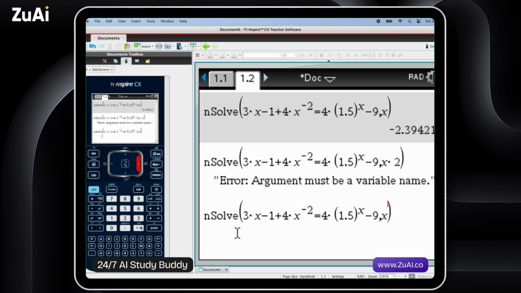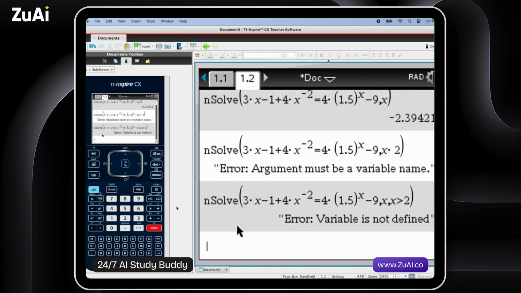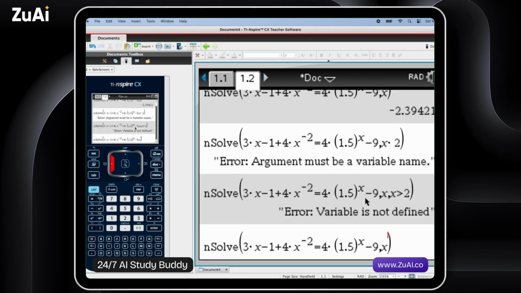I'm almost wondering whether NSolve is going to be an appropriate strategy. There is a way to ask NSolve to solve after a given point, but I'm not exactly remembering it here. I'm looking for the function where it says greater than. Not sure if we can say x is greater than 2.